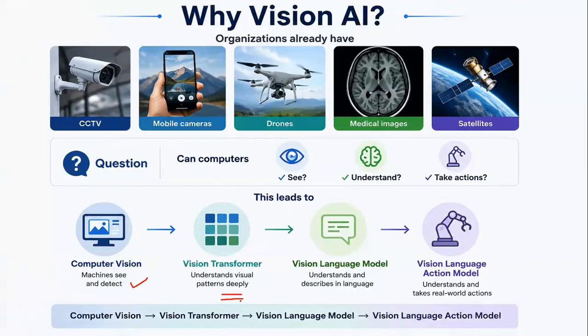It can understand the context and then it shows the detection pattern, etc. What is vision language model? It understands and describes in language also. We will see some demonstrations. Next, vision language action model. It doesn't just understand, it understands plus takes action in the real world. So the last one is very powerful. Vision language action model, of course, sees, understands, and takes actions.